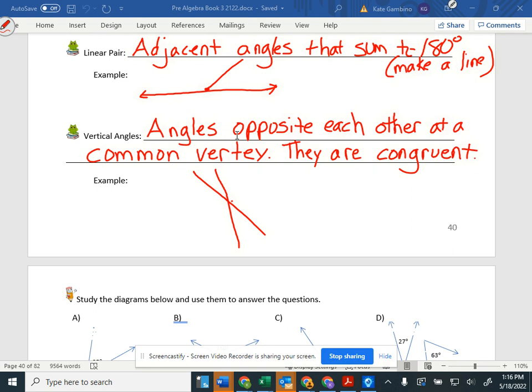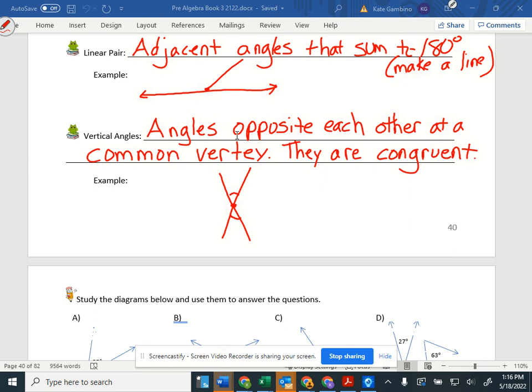not a very good example, I've got all curvy on me. Let me try that again. There. So this angle is opposite of this angle. They share a vertex. They are congruent.